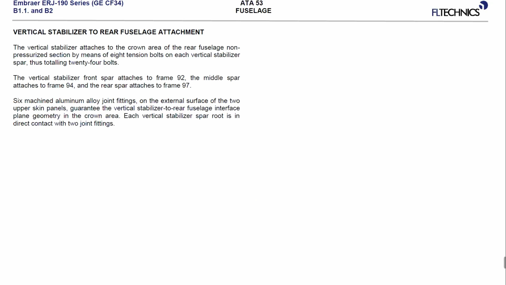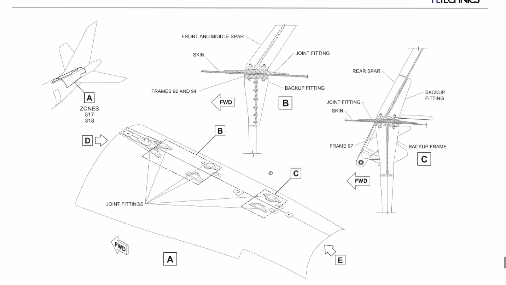Now, because we are talking about fuselage, these are the frames which we have these attachments. This crown area of the rear fuselage, which is again non-pressurized of course, has 8 tension bolts on each vertical stabilizer spar, and we have totally 24. Because we have 3 spars, on each place we have 8 bolts.